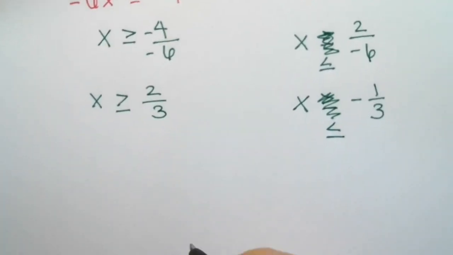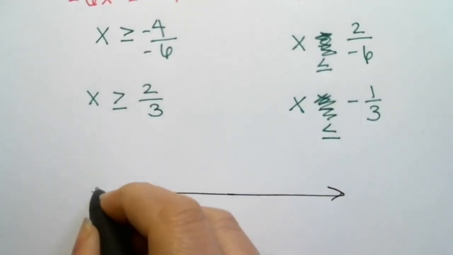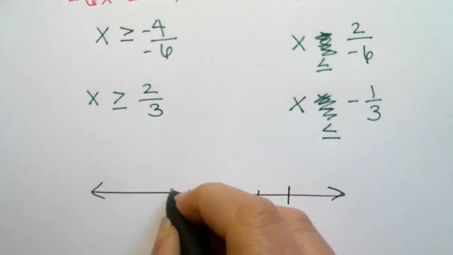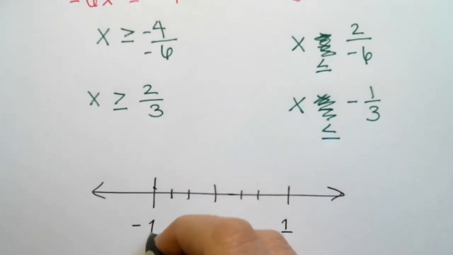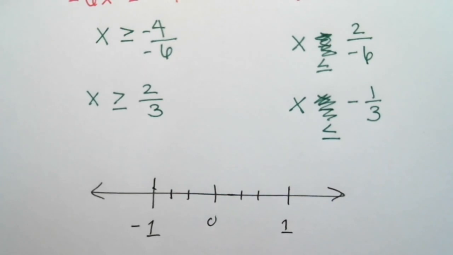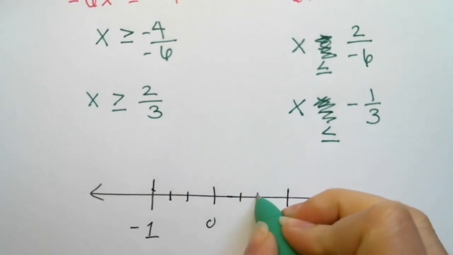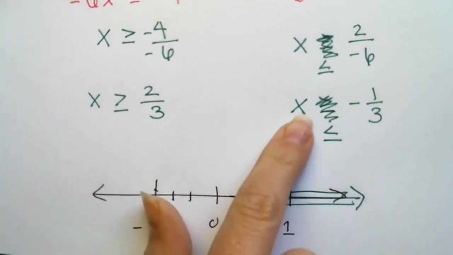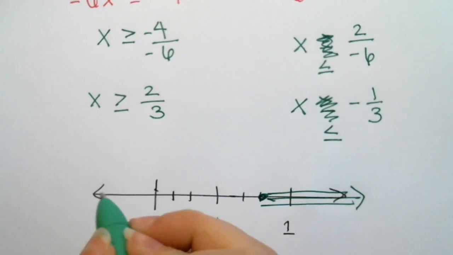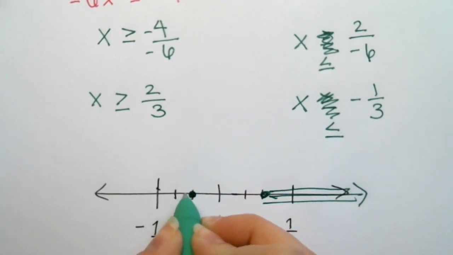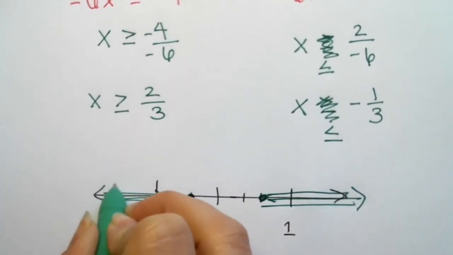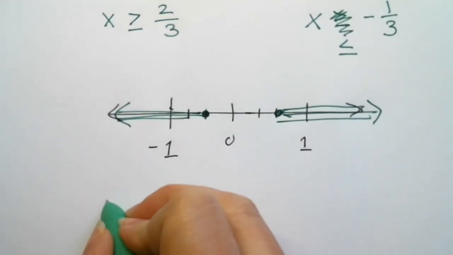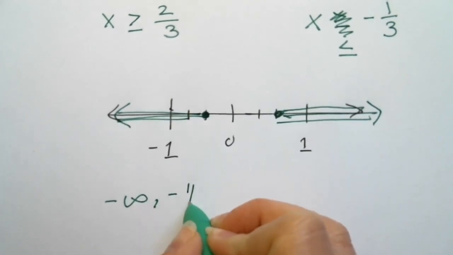So when I look at my number line to write my interval, x is greater than 2/3, so I'm going to go to 2/3 and then go greater than. And here I have x is less than negative 1/3, so I'm going to go to negative 1/3 and go less than.